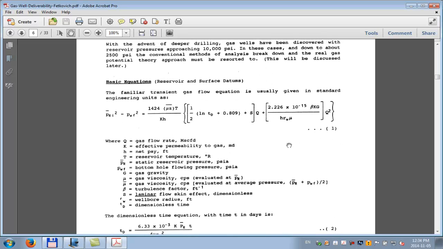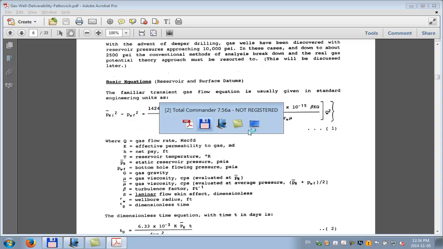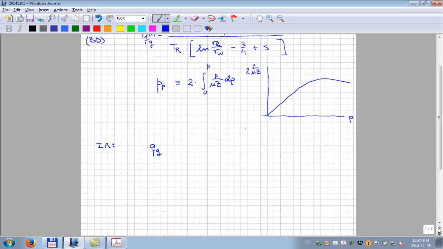It's just written in a little bit different form. Forget about this stuff over here. But this term here, 1/2 log tD plus 0.809, is treating the infinite acting case for radial flow.